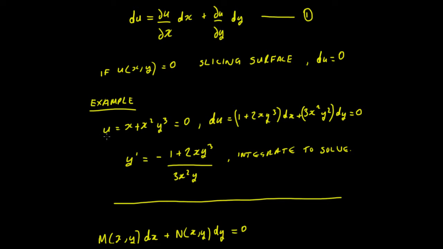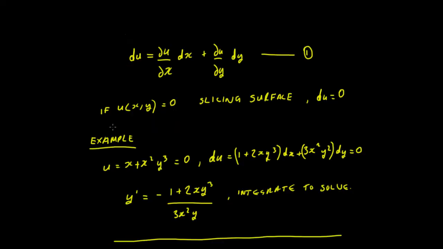If we had a function u equals x plus x squared y cubed equals 0, then we can form the total derivative using the equation above. We differentiate with respect to x and multiply by dx, then differentiate with respect to y and multiply by dy, and set it equal to 0.